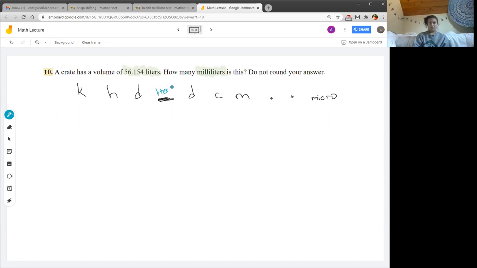And we need to go to milliliters, which is here, 3 units over to the right. Yeah, 1, 2, 3. So wouldn't it be 56154 milliliters? Yeah. Milliliters. Ta-da, we're done.